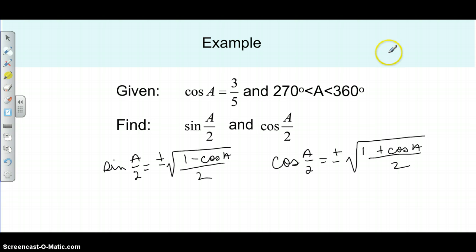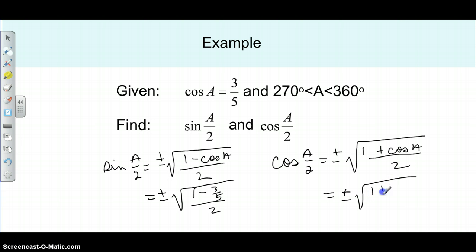Now, we know the cosine of a, so we can just simply plug in for that. One minus 3/5 over 2, and then this is plus or minus the square root of 1 plus 3/5 over 2.